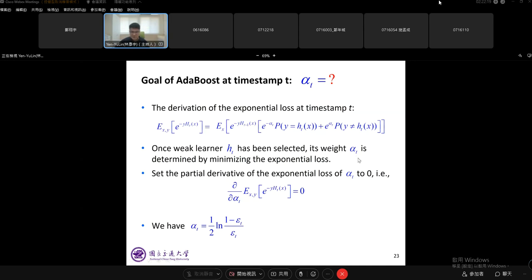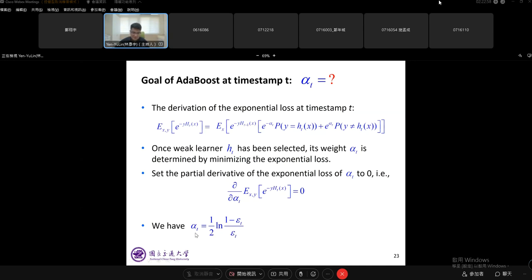In this situation, we want to minimize this objective function. The optimization variable is alpha t. One widely used choice for optimization is to set the derivative of the exponential loss with respect to alpha t to 0. After solving this equation, you will get the closed form solution.